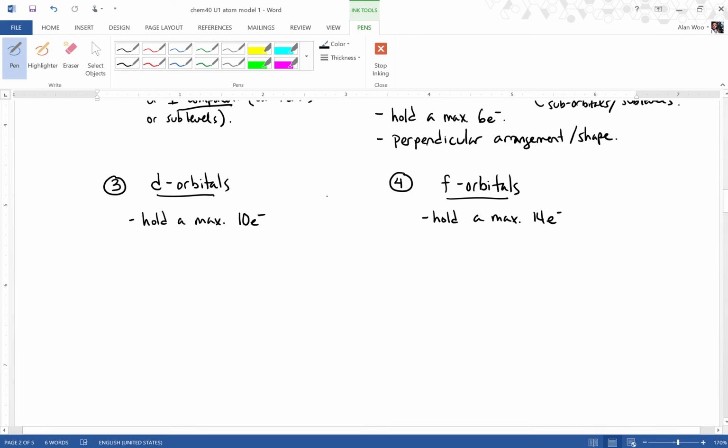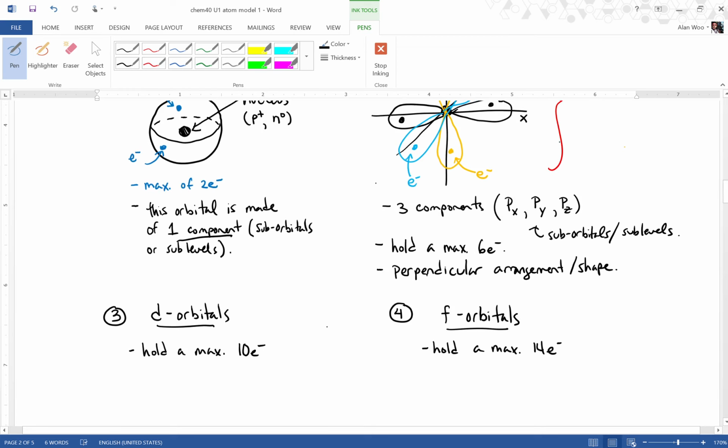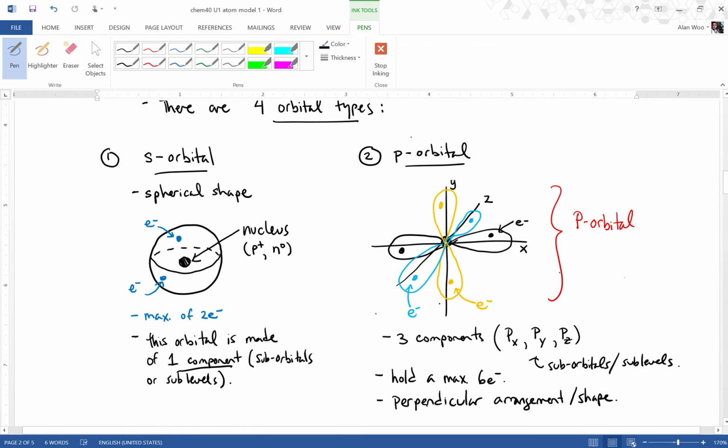Every sublevel, subcomponent, or suborbital can only hold 2. So when we look back at our S and P's, the S itself was made up of 1 component, so it can hold 2 electrons. The P was made up of 3 components, each of them holding 2 electrons.